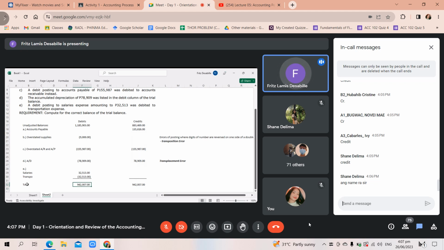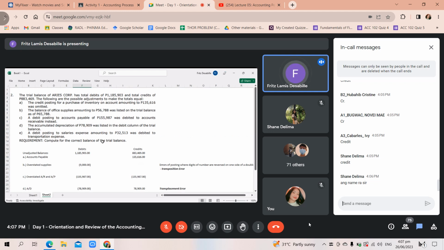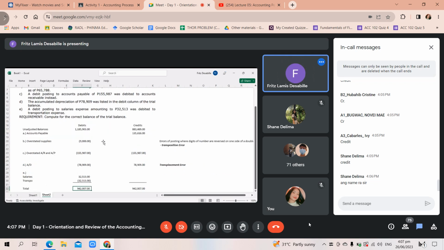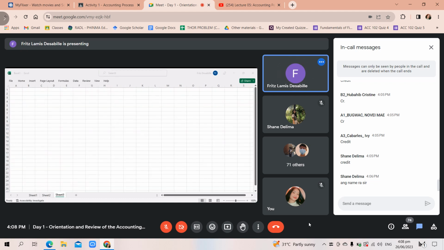So, that is how you correct a trial balance which is not balanced. Okay? So, let's go to the last problem before we wrap up this topic.